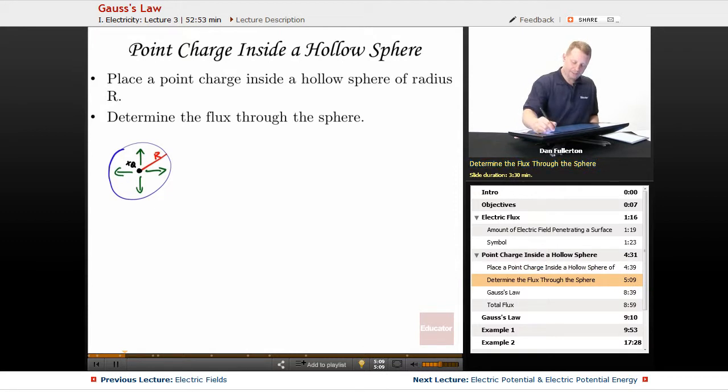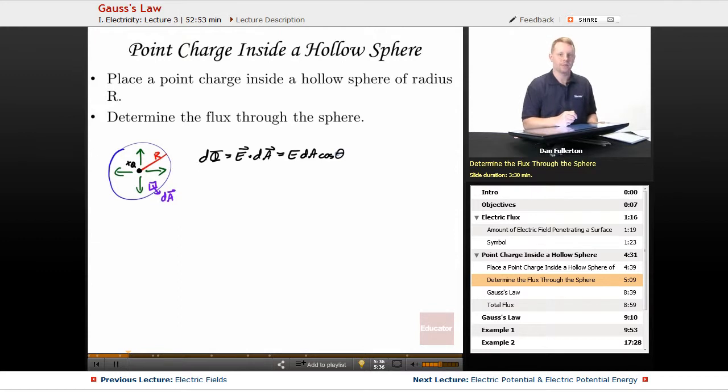We could then say that the little bit of electric flux through some little piece of this, dA, and let me define that dA here, is going to be equal to the electric field dotted with dA, which, as we said previously, is just E dA cosine theta.